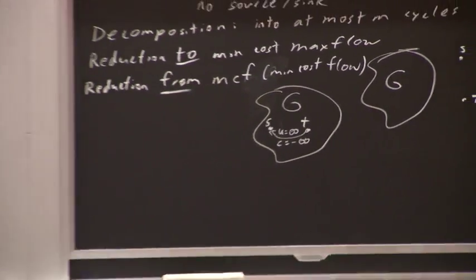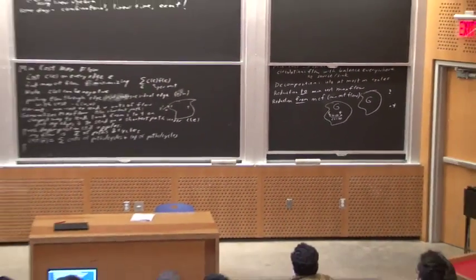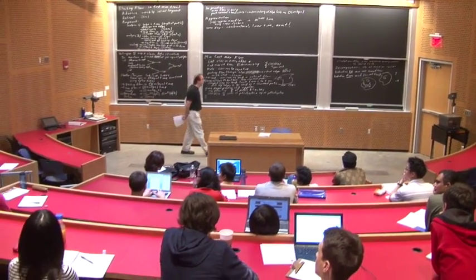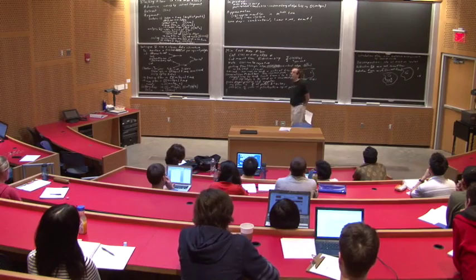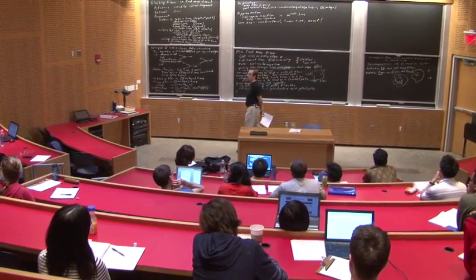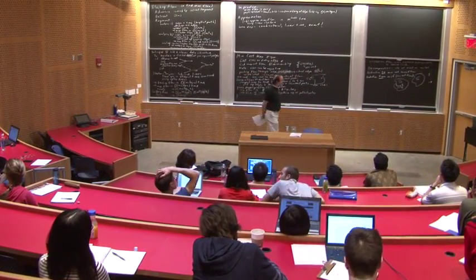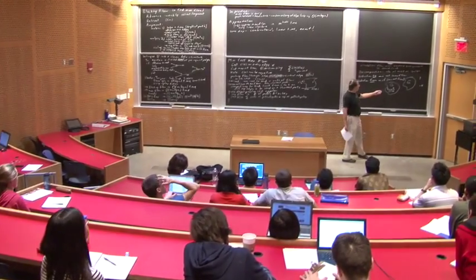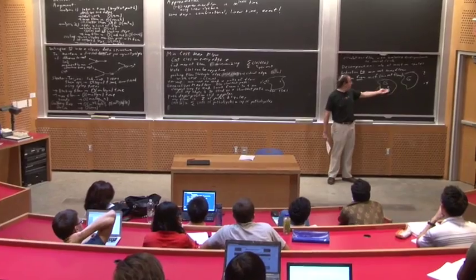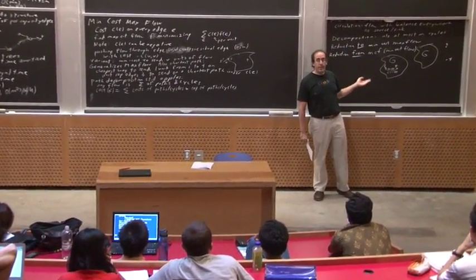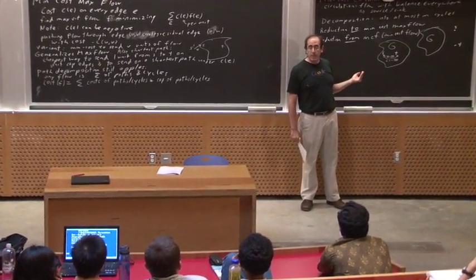Yes? The best cost circulation is always going to send just the most value across that edge because that's the only thing that matters. And that's going to be equivalent to sending the max flow throughout the rest of the graph. Exactly, right? So since we've put an infinite negative cost here, it means that it's a gold mine to send flow from T to S. We're going to want to send as much as possible.